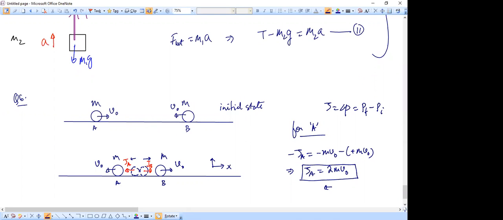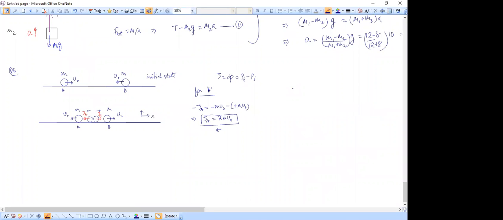Now, like this, you apply the impulse momentum theorem on B, and you'll see there's an equal and opposite impulse that acts on it. For B, the impulse is plus JB, because it's acting in the positive direction, and the final momentum is plus mv naught, whereas the initial momentum was minus mv naught. So that impulse is equal to 2mv naught, but in the forward direction. So you can see that JA and JB are equal and opposite.